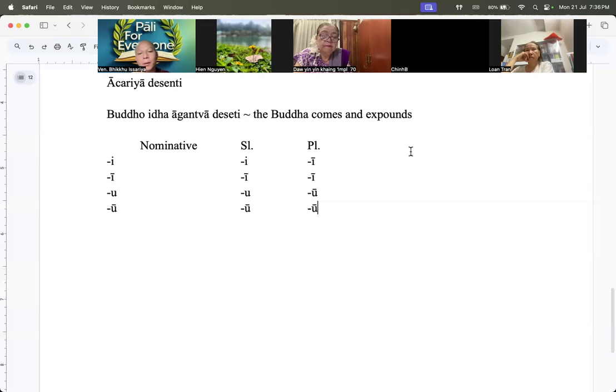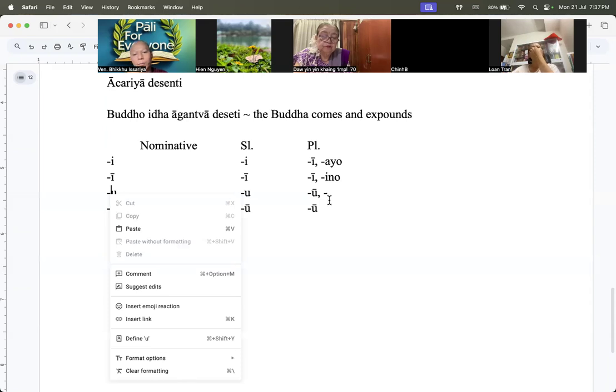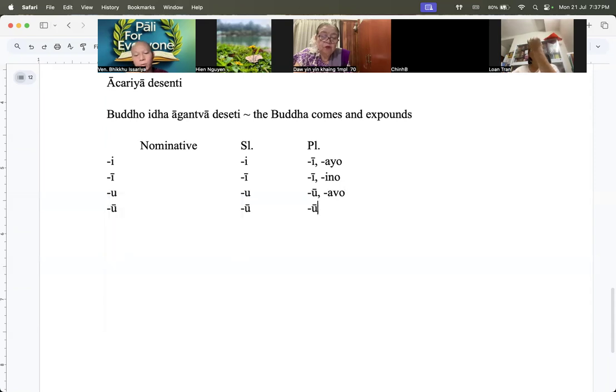And then the second one, so actually this E becomes ayo. Later I will explain. But this E is becoming E no. So this U becomes awo, but for the U becomes the no. So that is the other special form. So why? How changing in this way?